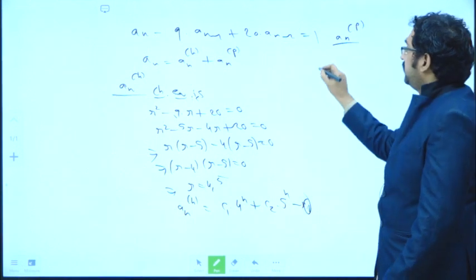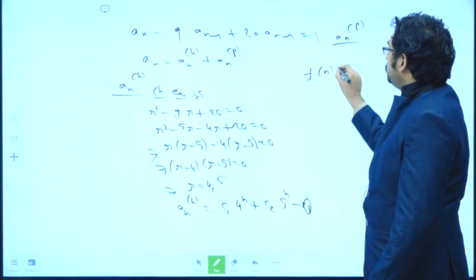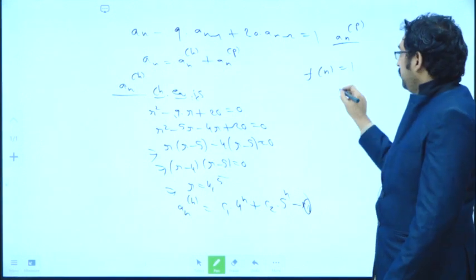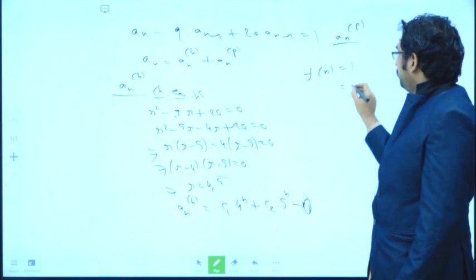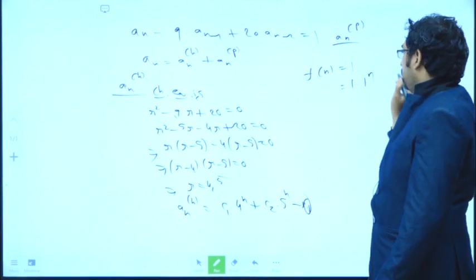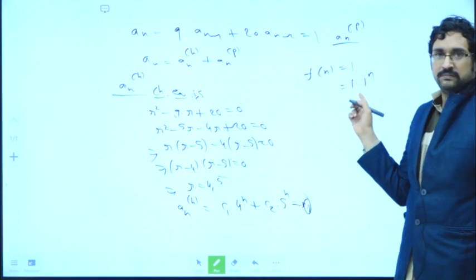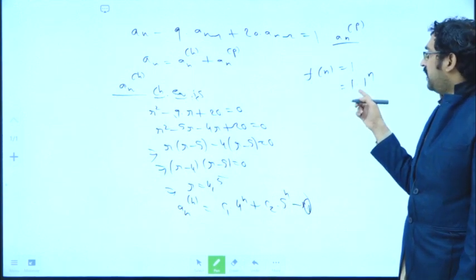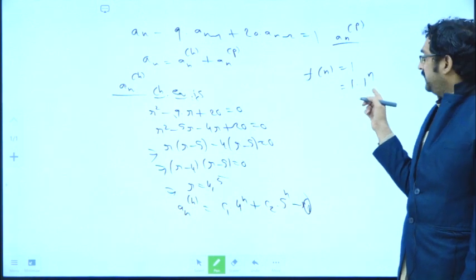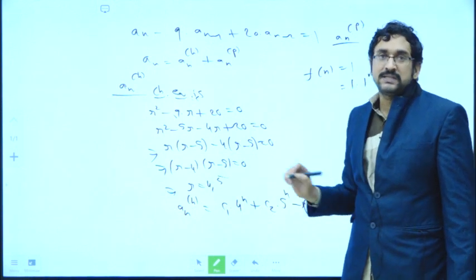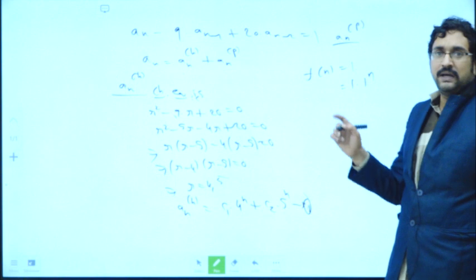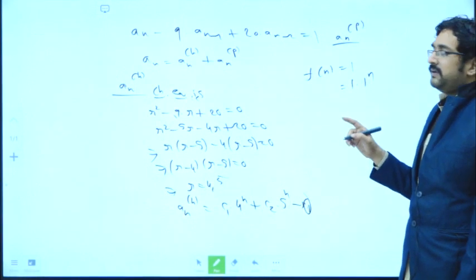So how to compute a_n^(p)? Take the right hand side, that is f of n equal to 1. So 1 can be written as 1 into 1 power n. So it is in the form alpha into beta power n, and here 1 is not a characteristic root. So apply that formula. What is that formula?